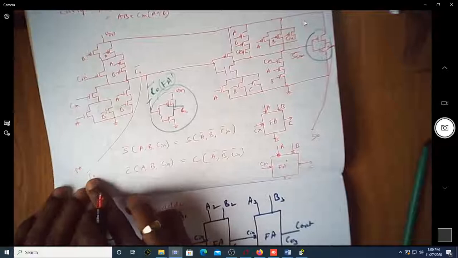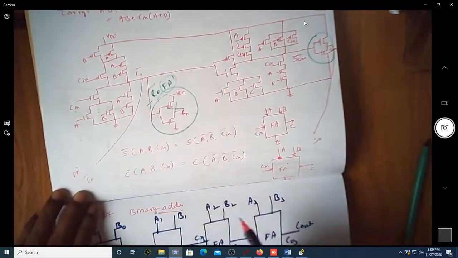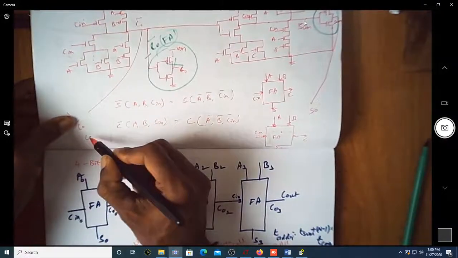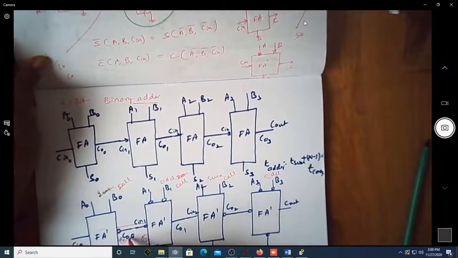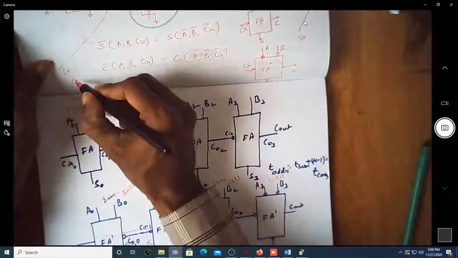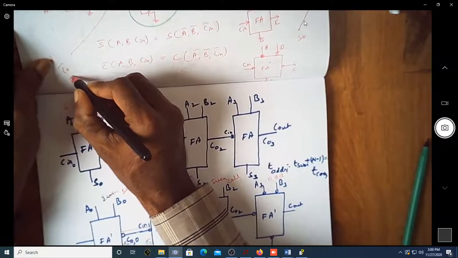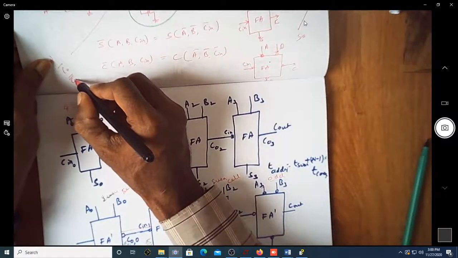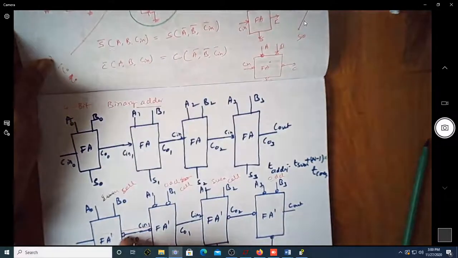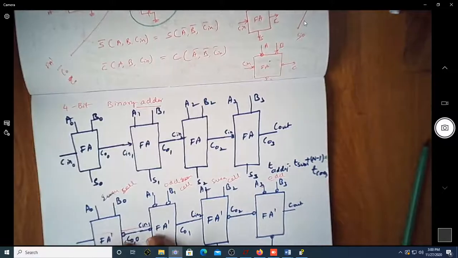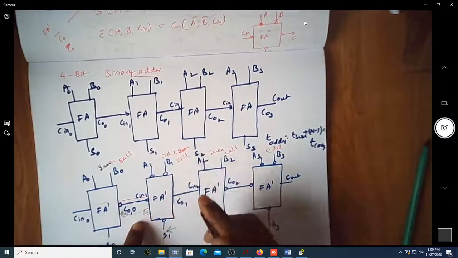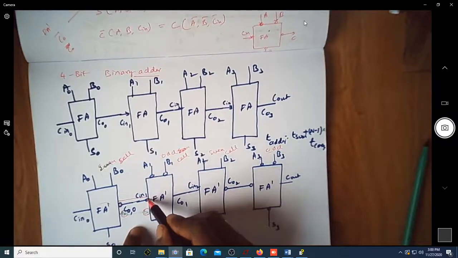Suppose you are writing it as S0, S1. Since you want to get a C0, because you are writing C0 which is not a complement, how do you get C0 from C0 bar? You have to double complement. Since there is an inverter, there is a C0 bar, how do you get C0? So you need to pass it through an inverter. But here you can see for the next FA dash, that is for odd cell, you are complementing all the inputs.